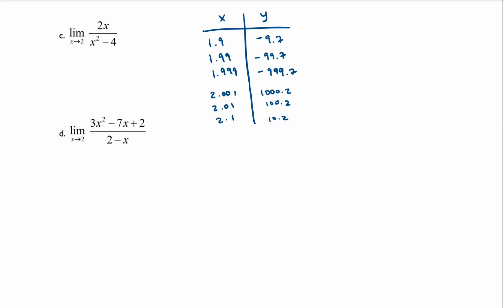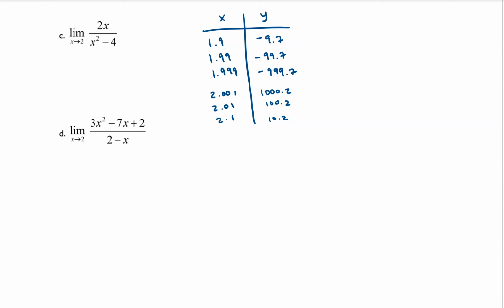All right, so these are the values that I came back with, and notice that if you approach 2 from the left-hand side, if you plug in 1.9, 1.99, 1.999, the values are getting very, very negative. So basically the y values are going towards negative infinity, whereas if you evaluate values from the right-hand side approaching 2, they're getting larger and larger. They're going from 10.2 to 100.2 to 1000.2.